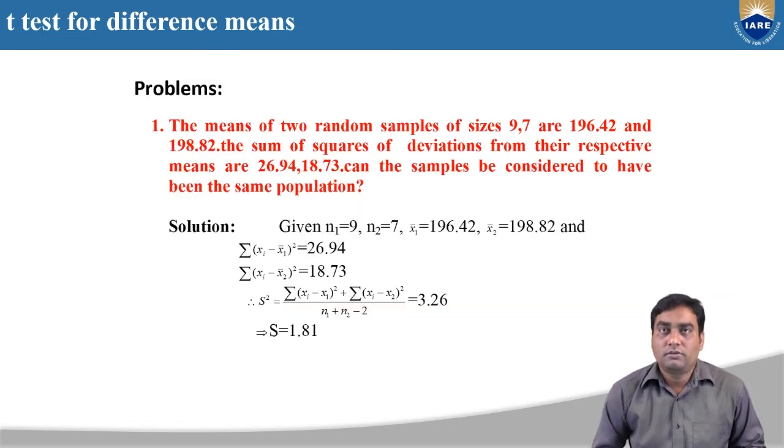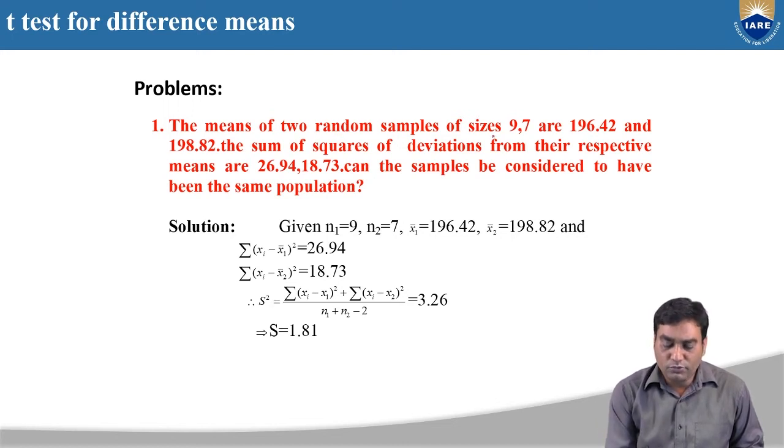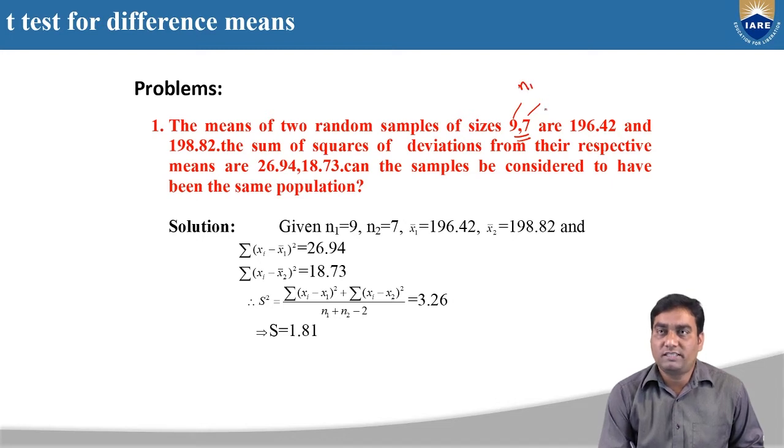Suppose the first problem: the means of two random samples of sizes 9 and 7. See, in this problem it is clearly given that two random samples are of sizes 9 and 7. That means the first sample size n1 is 9 and the second sample size n2 is 7. Their means are also given.